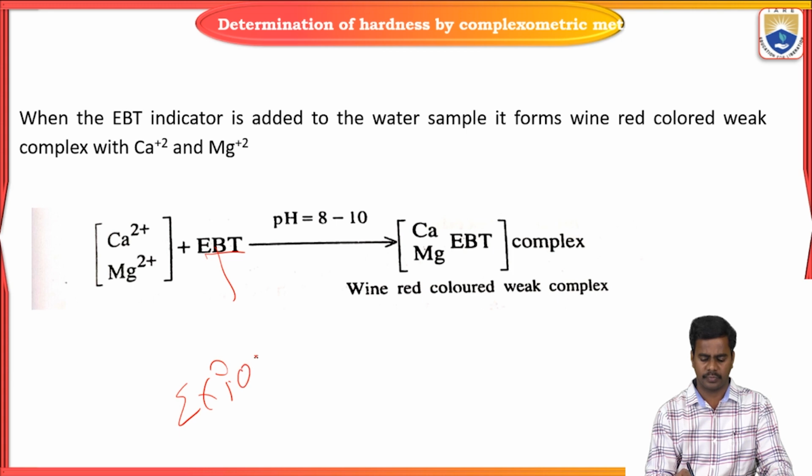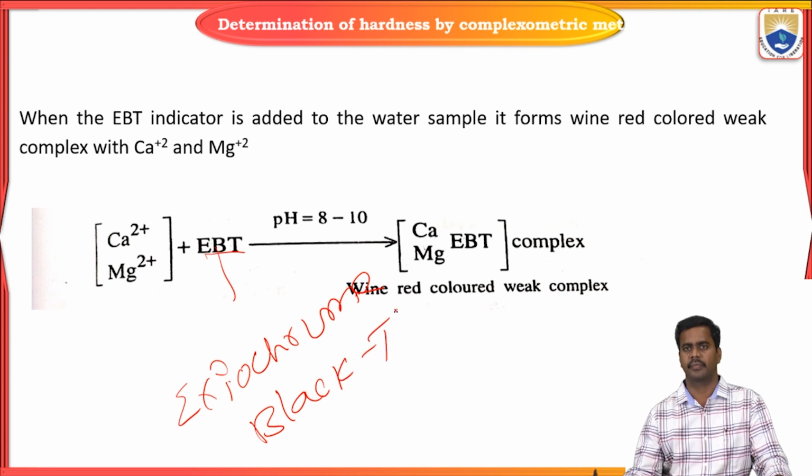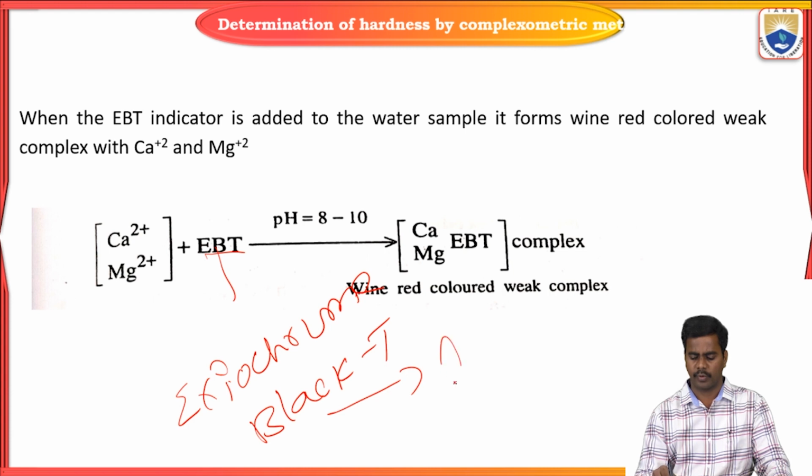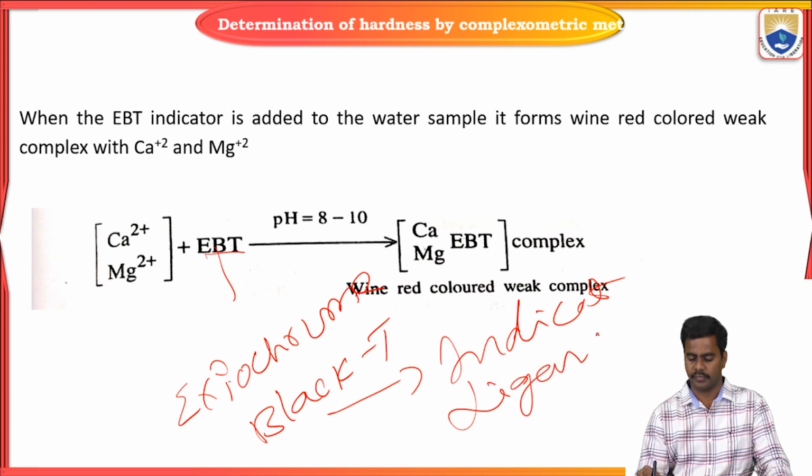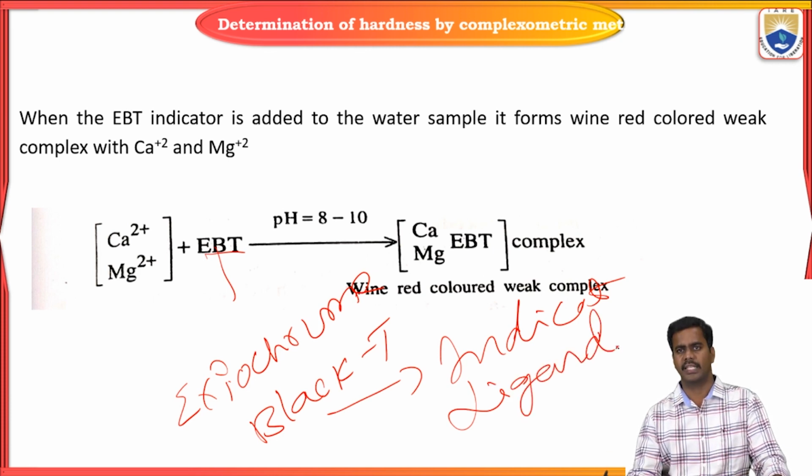Eriochrome black T. EBT acts as both indicator as well as ligand. Indicator as well as ligand.